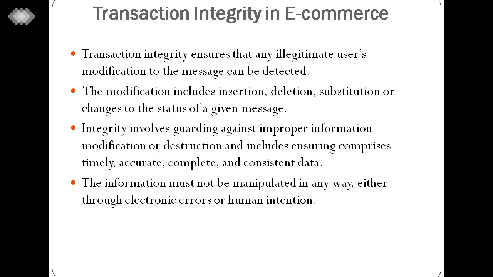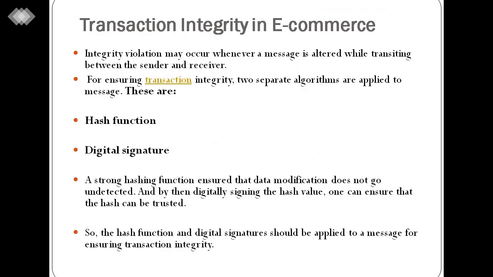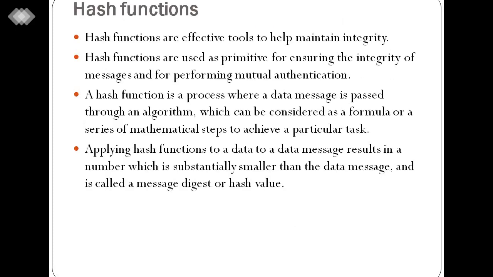We learned that transaction integrity in e-commerce relies on two algorithms, hash function and digital signature, both of which should be applied to a message for ensuring transaction integrity. After that we learned about hash functioning.